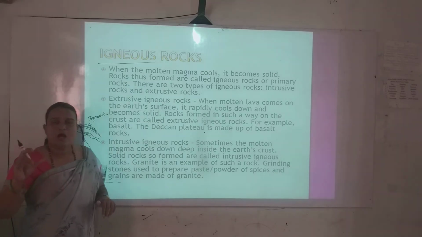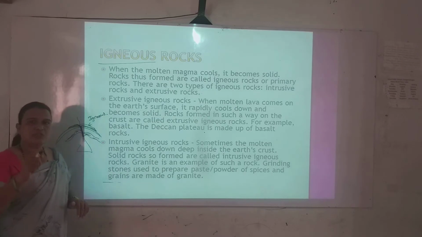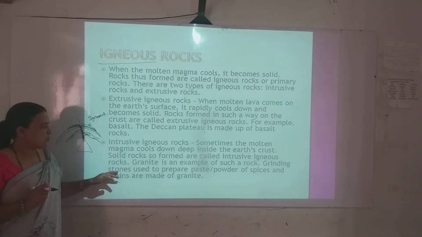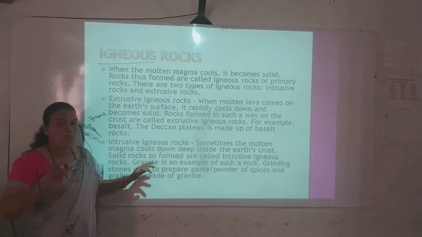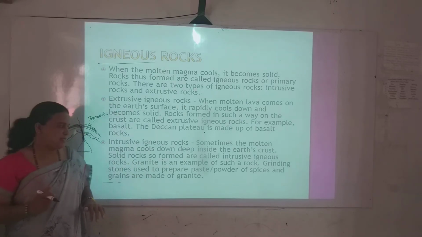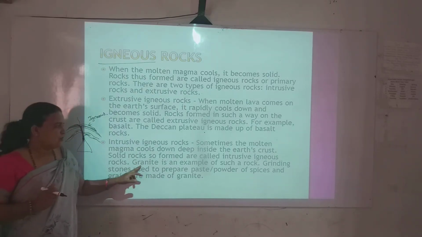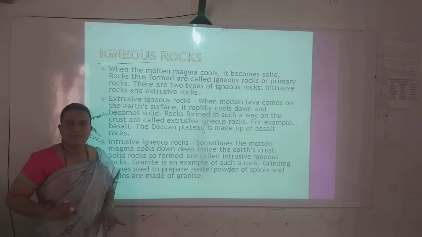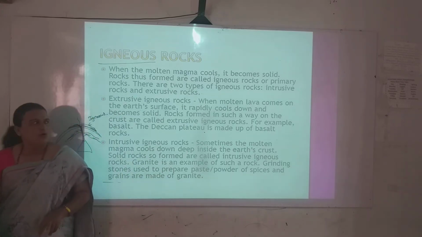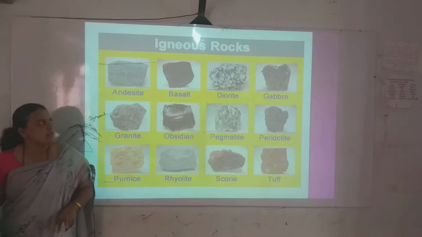Such hard rocks are used to crush grains as well as for grinding mills, and mortars for crushing spices. Granite is an example of such an intrusive igneous rock.